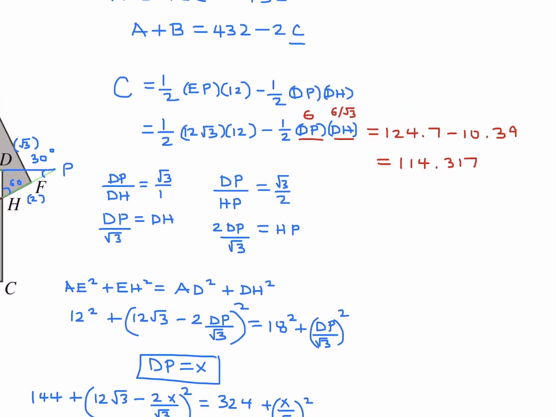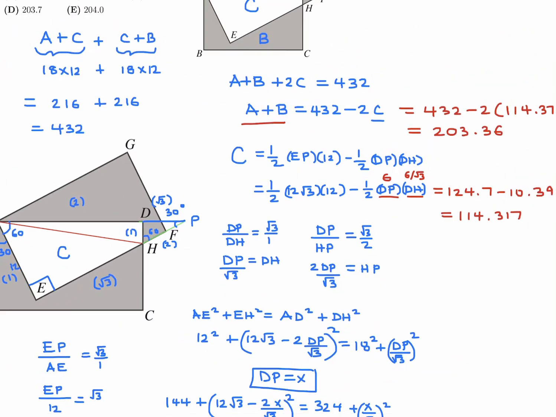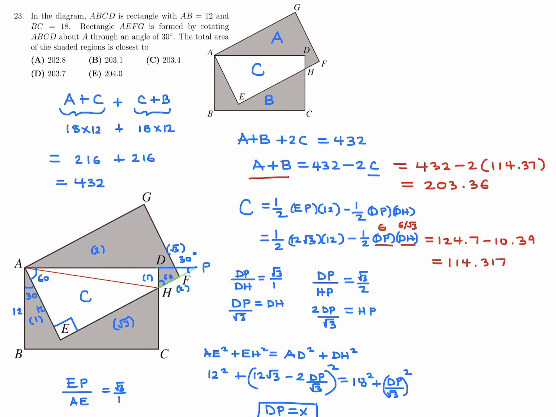And remember, our shaded area was a plus b, and it's 432 minus 2c, so it would be 432 minus 2 times what I just figured out for c, which is 114.37, and if you do the math, you get 203.36. And 203.36 is closest to choice C for number 23.